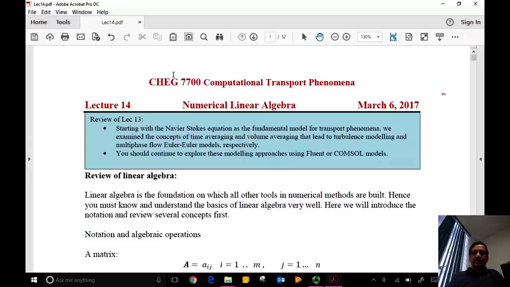All right, so we are going to start the second phase of the course today, which is how do these simulators solve the problems? We have learned how the problems are formulated from concept into mathematical equations.